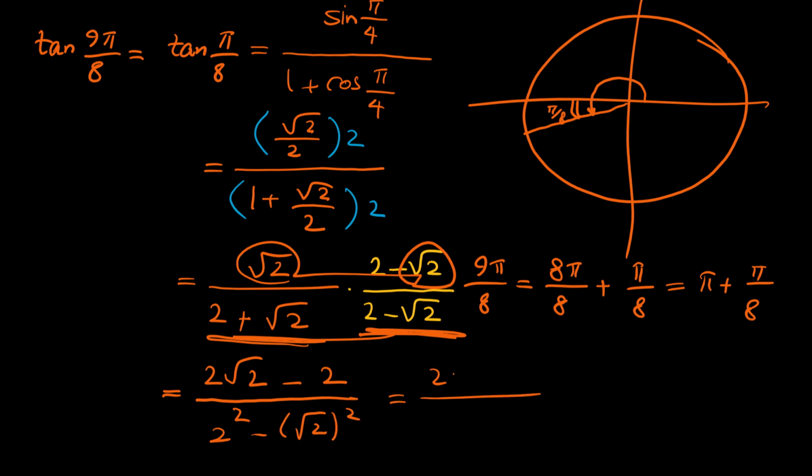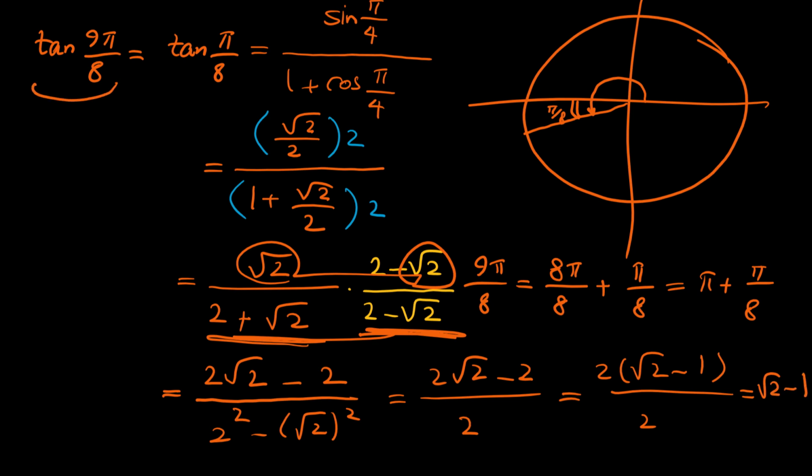So this equals 2 radical 2 minus 2 all over 4 minus 2 is 2. If you factor a 2 from numerator and cancel that 2 from denominator, the final answer would be radical 2 minus 1. So tangent of 9 pi over 8 is radical 2 minus 1.